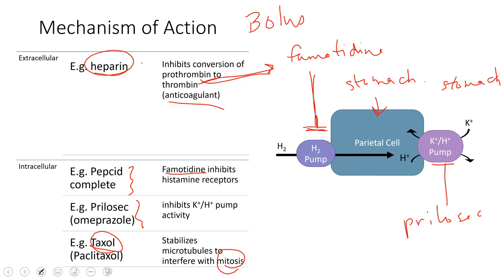I guess if you put something into the peritoneal cavity, that could be a bolus. So it doesn't have to be the blood. You could have a bolus injection into the heart with epinephrine, which is adrenaline, and that's a bolus.